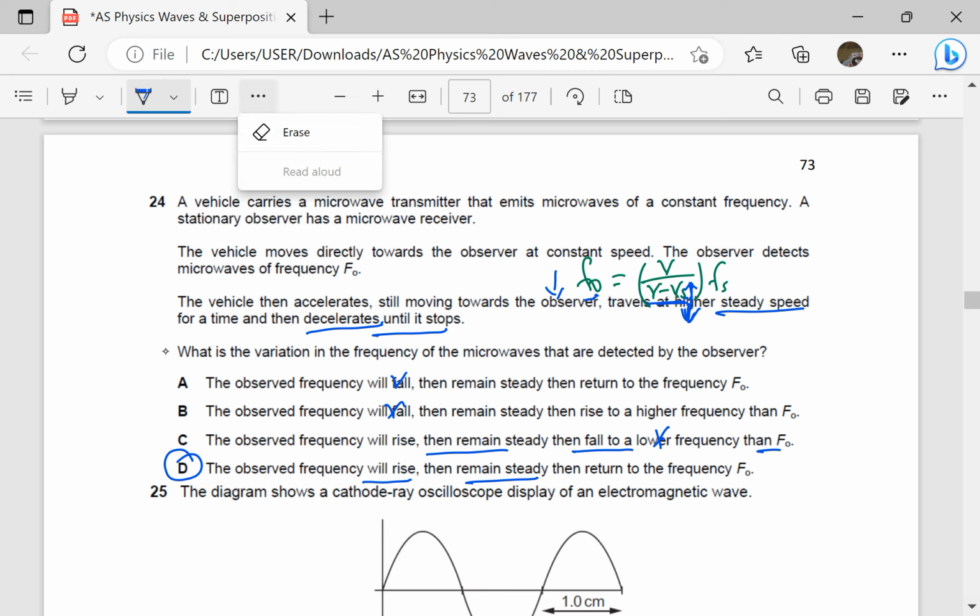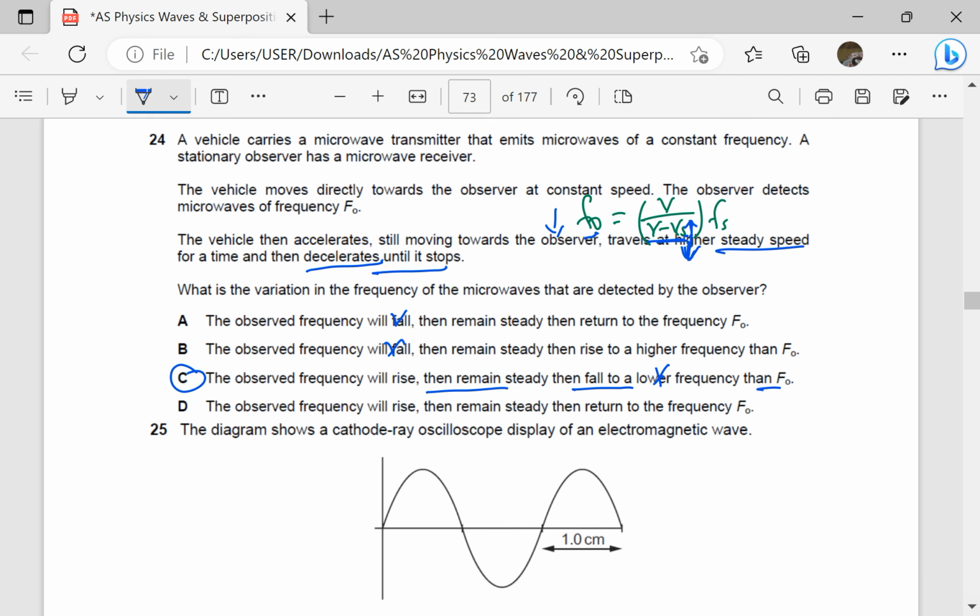So the answer is going to be C. So the frequency, when it slows down, is going to be lower than the observed frequency f0.